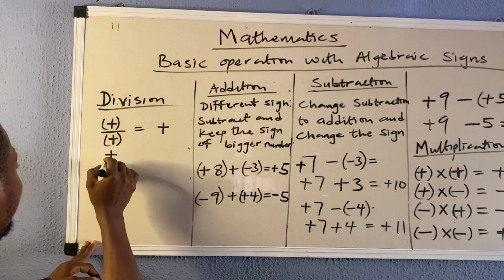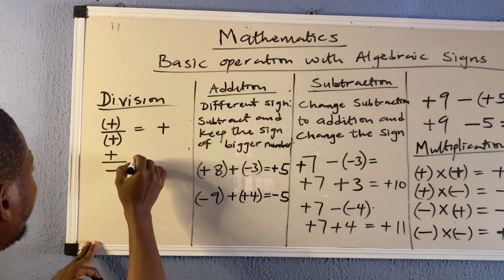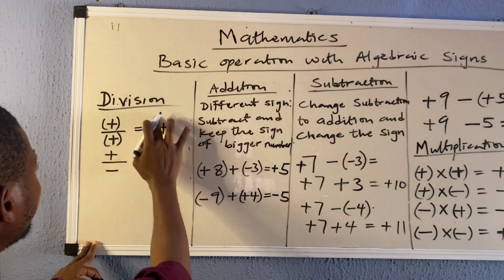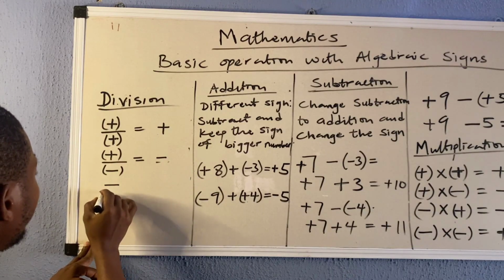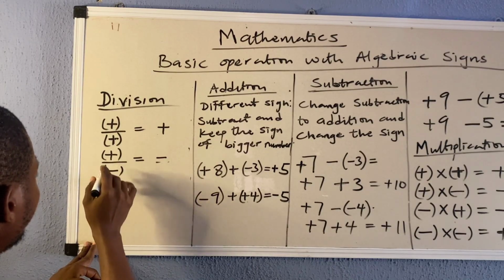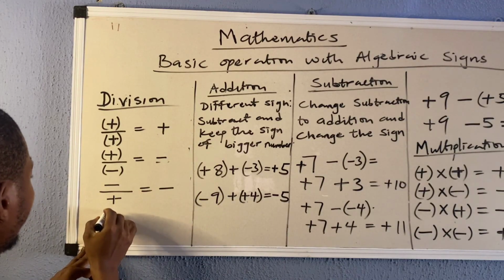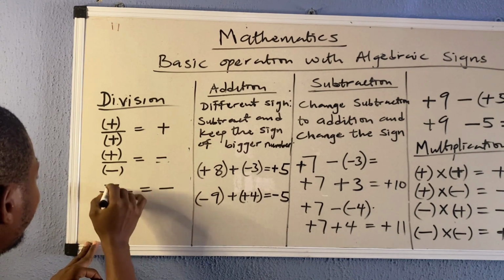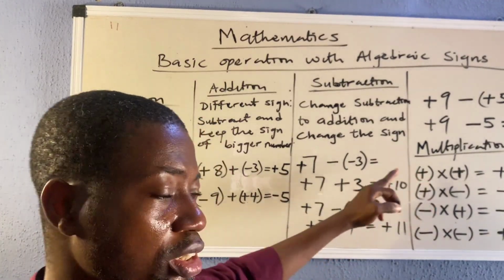Then addition divided by subtraction will give us subtraction. Then subtraction divided by addition will also give us addition. Then subtraction divided by subtraction will give us addition.